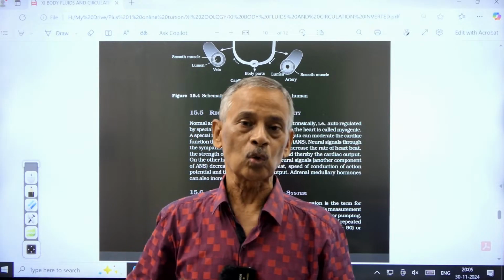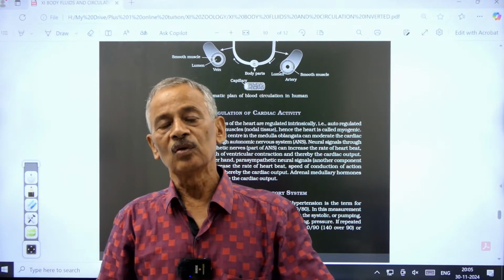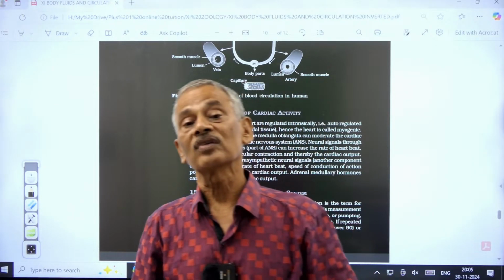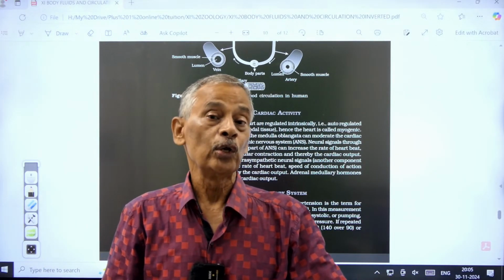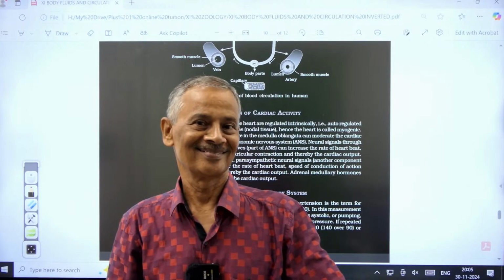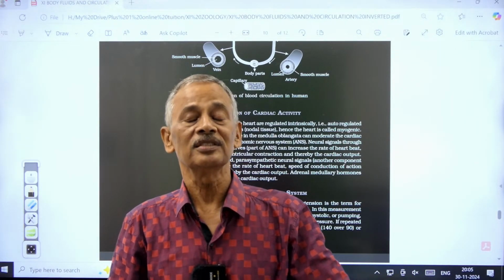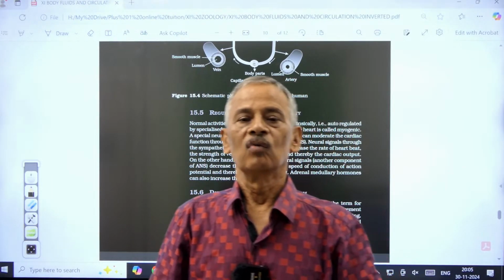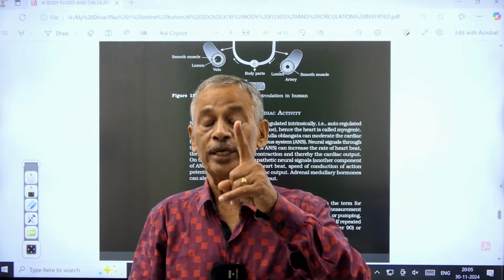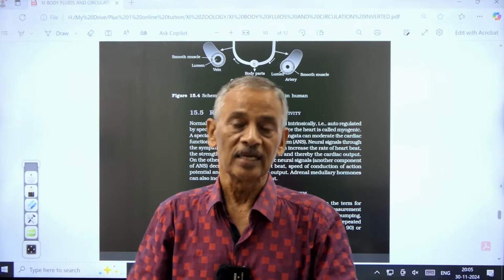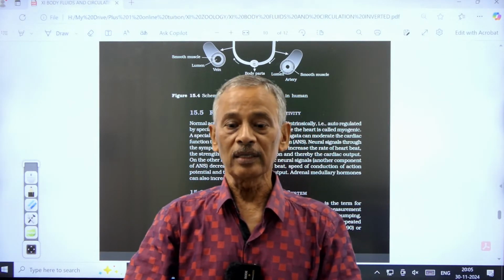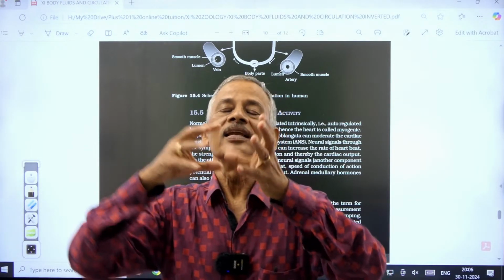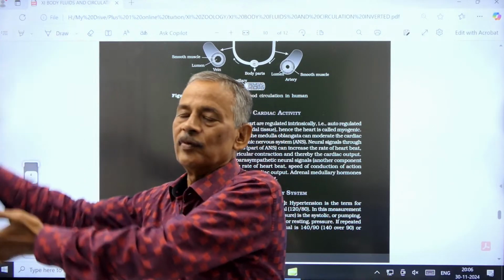Whereas in a cockroach, an invertebrate, the working of the heart is controlled by the nervous system, the brain. So it is called neurogenic. So there are two types of heart. In general, invertebrate hearts are neurogenic, whereas the vertebrate heart is myogenic. This is the reason why you can cut all the nerve connections to the heart, take the heart out of the body and give it to another person.